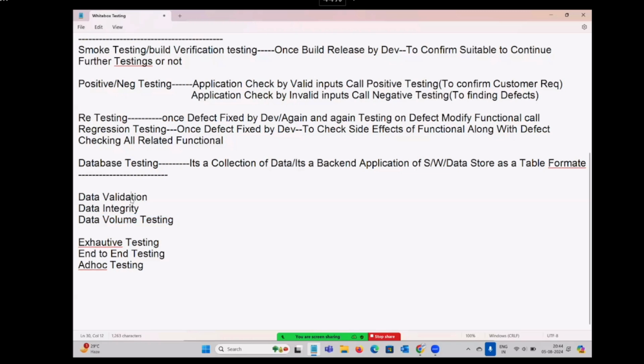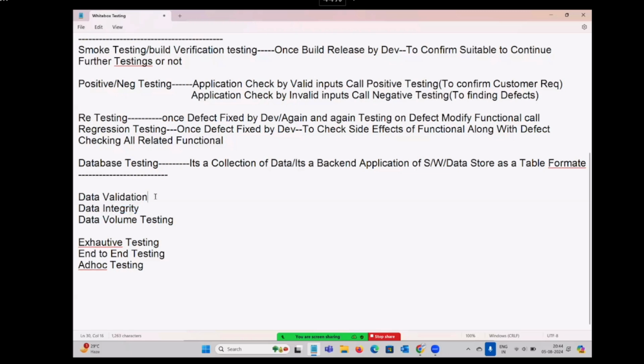Once again, data validation: insert new data, and whether the data is correctly inserted or not is called data validation. Data integrity: whether existing data modifications are correctly modified or updated or not is called data integrity. Data volume: checking the capacity of the database is called data volume.